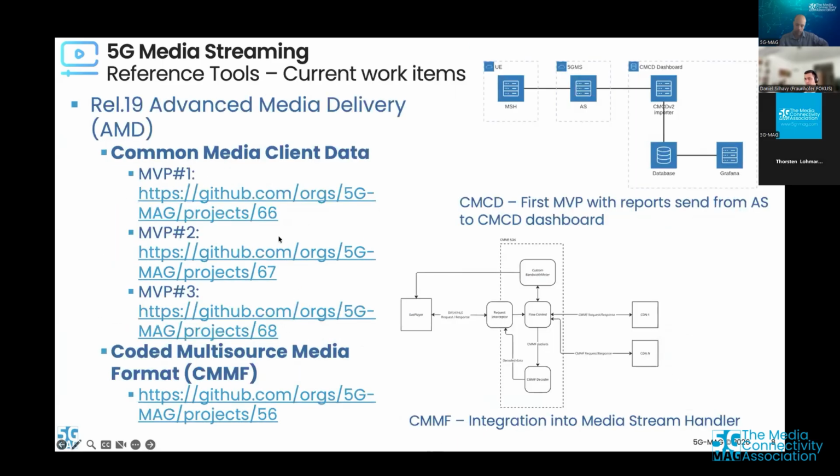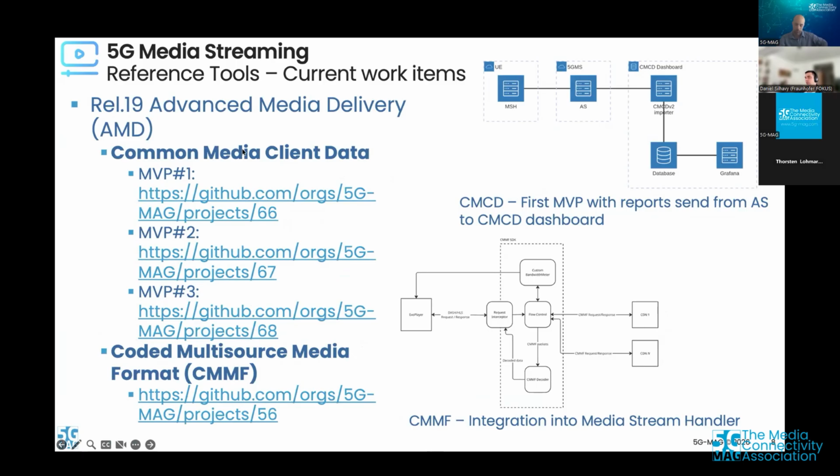Okay, and just to complete before I show you the demo, Shilin is in the call. Shilin is working on the integration of common media client data. That's a release 19 feature, but it relates to the CDPP-QE metrics. That's the more up-to-date way to report metrics. CMCD version 2 was just released. We added support for that in Dash.js, by the way.